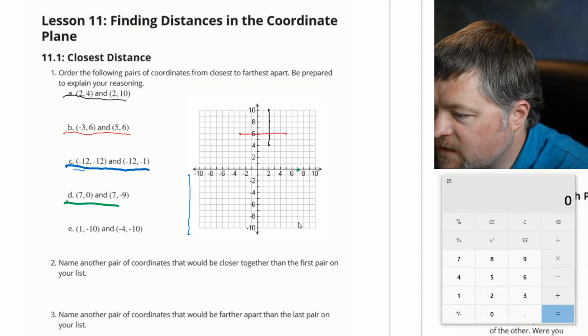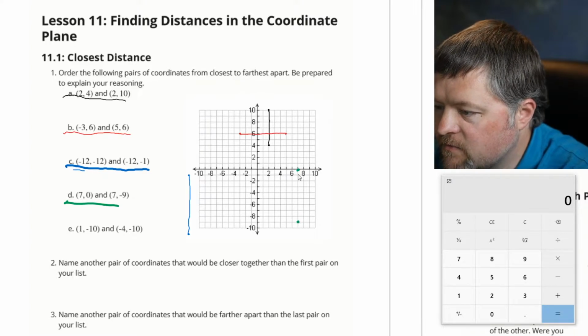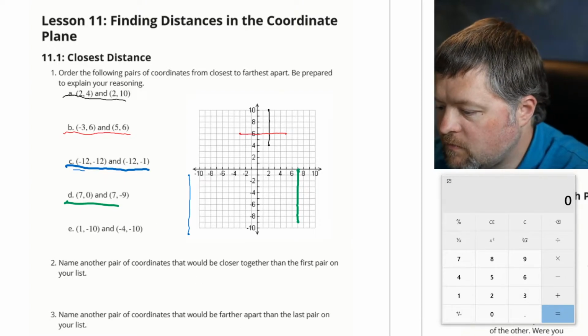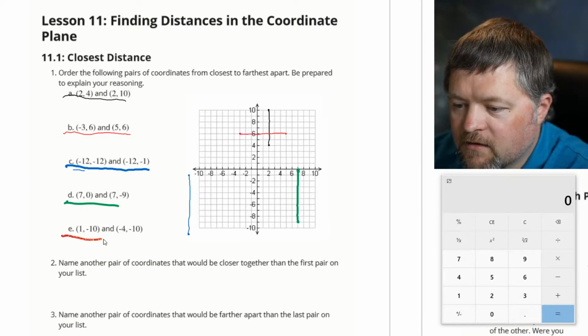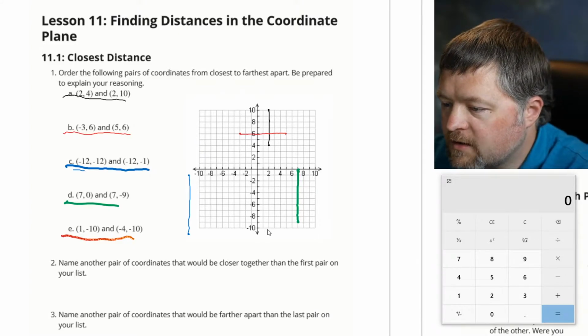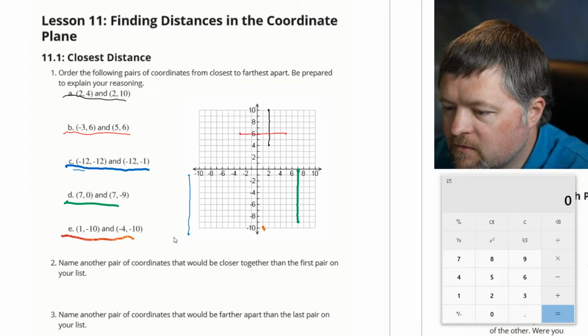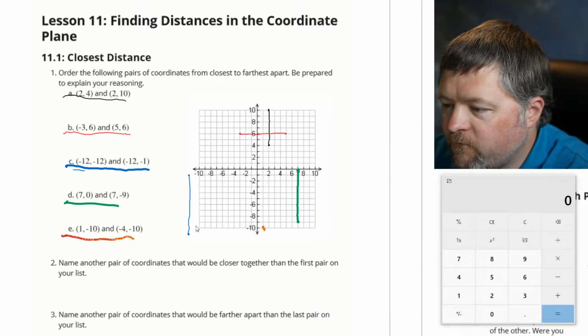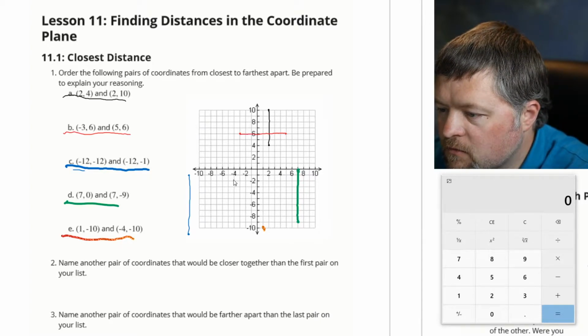And 7, -9. And then 1, -10. And -4, -10.